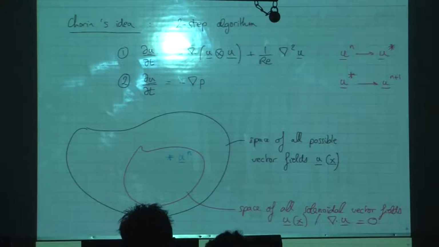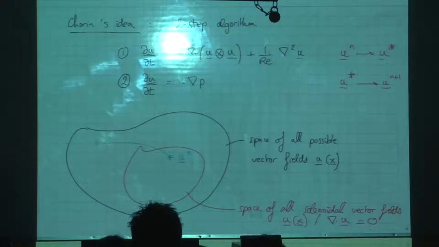Now, step one of Chorin's algorithm is going to take us from U n to a U star that is unspecified but has no guarantee to live in that subspace of solenoidal velocity. So we're going to end up, say, right here. So that's going to be step one of Chorin's algorithm.